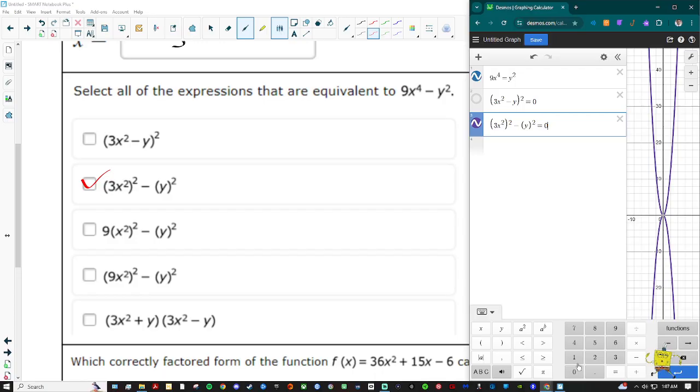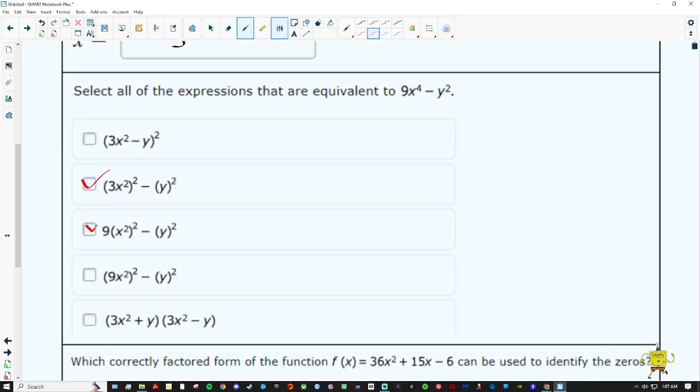Okay, keep checking. Let's try 9 times x squared. Oh, I forgot my squared. 9x squared minus y squared equals 0. Matches up perfect.